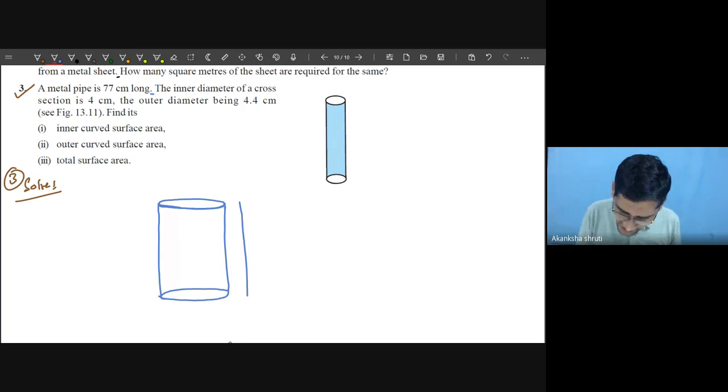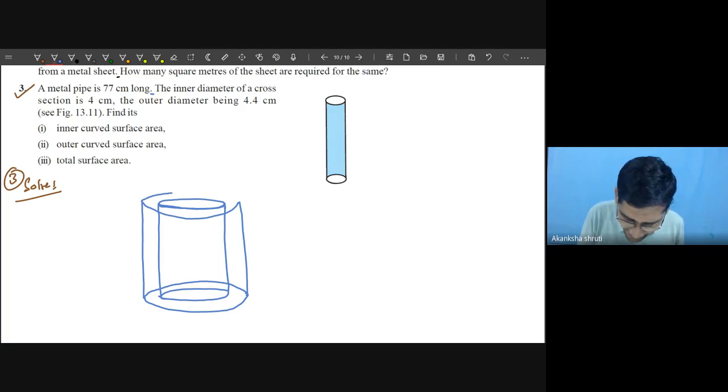It is filled with material. So we shall draw the figure carefully. I'm just magnifying that given figure so that we can understand it.